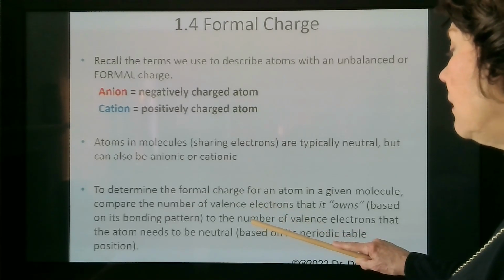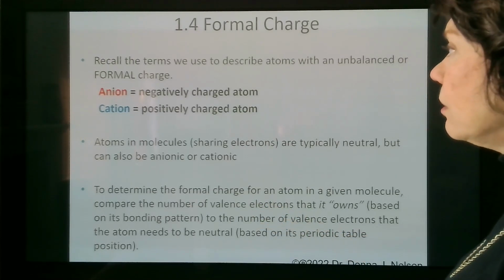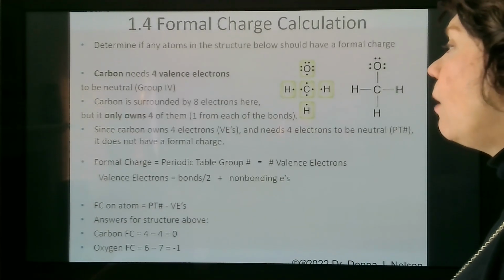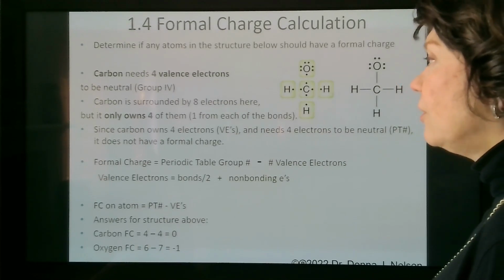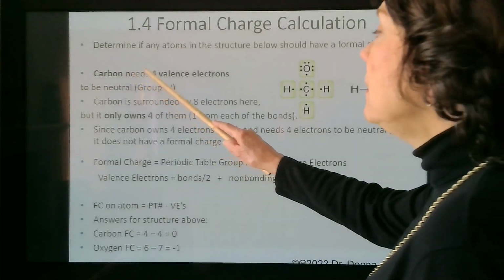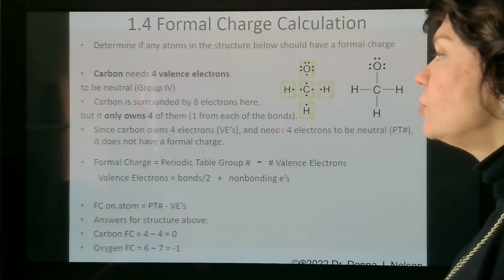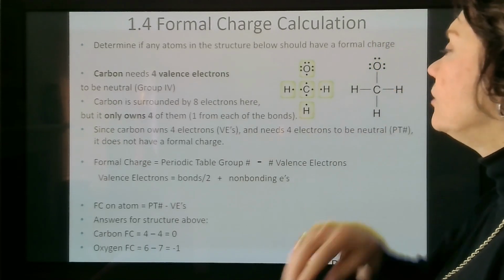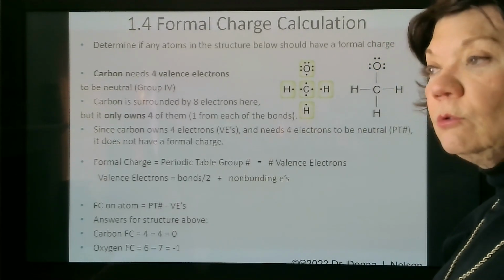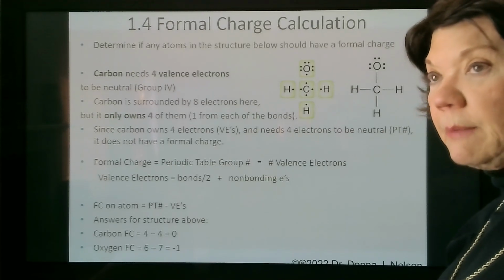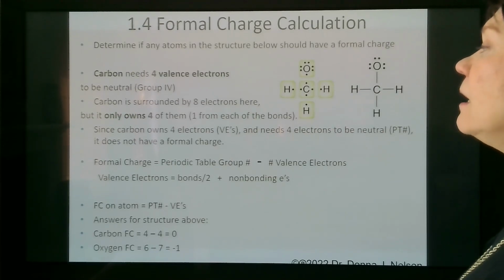So let's look at these two in order to see how one calculates formal charge. Carbon needs 4 valence electrons to be neutral. It resides in group 4. You saw that on the periodic table that we were just looking at.